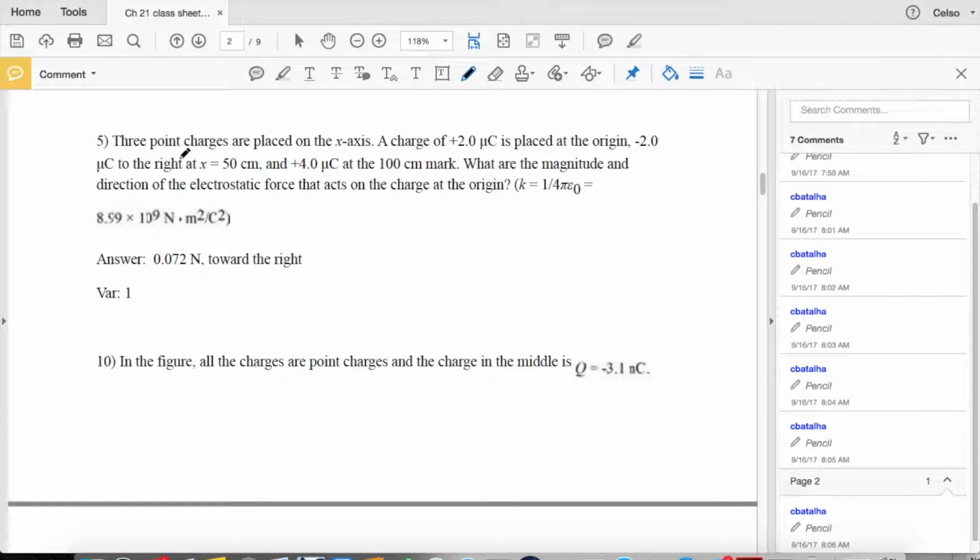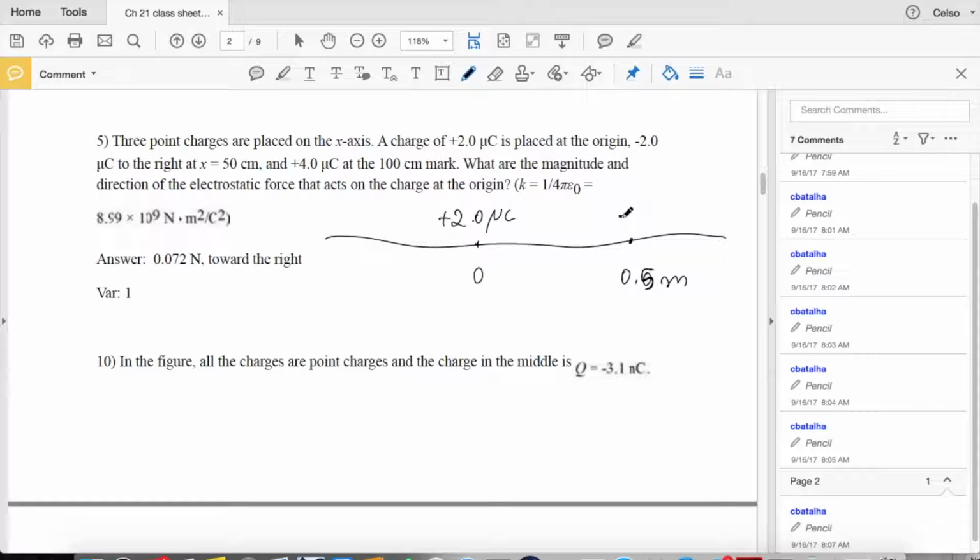So what is this? We have three point charges. Oh, that looks like the problem we did in class. So you take the origin, and you have a positive charge at the origin. You have a negative charge that is placed 50 centimeters away.